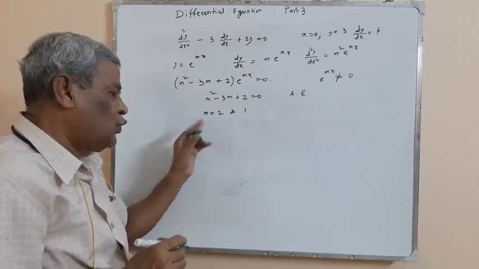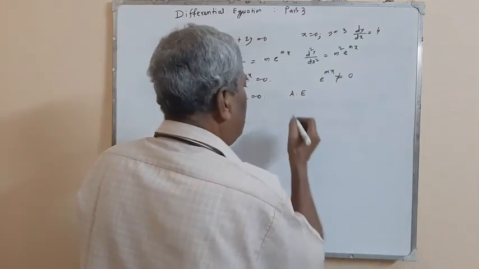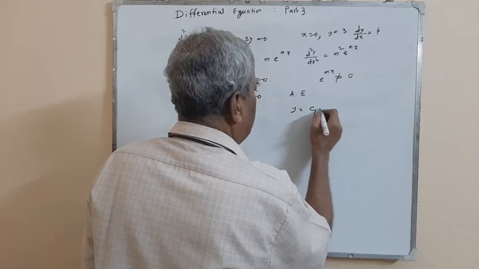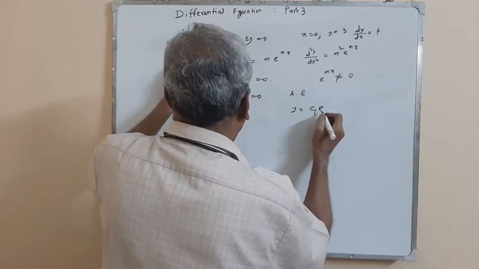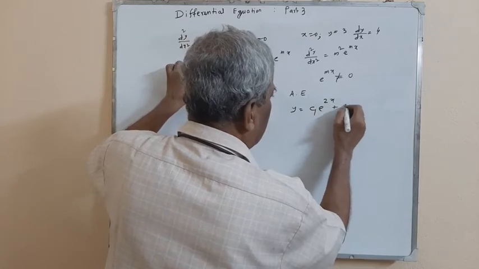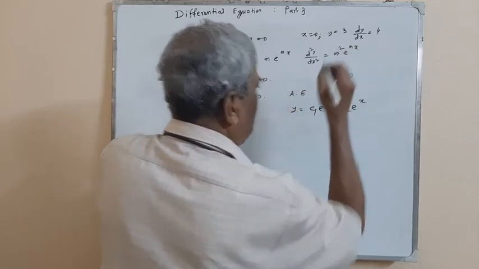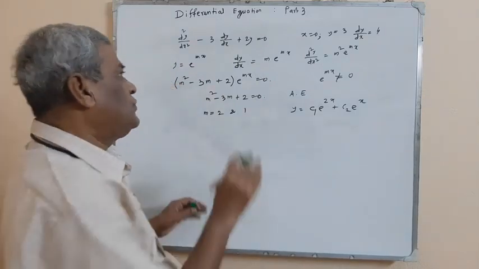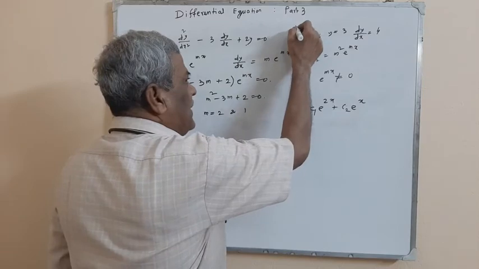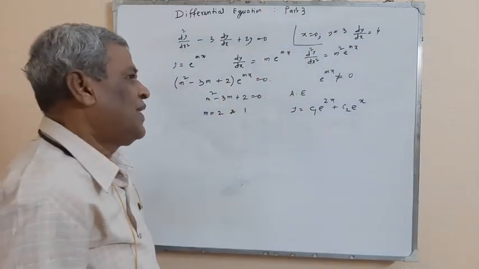In that case the solution is y is equal to c1 e to the power 2x plus c2 e to the power x. This is the solution of the differential equation if conditions are not given, and that is the answer in that case.